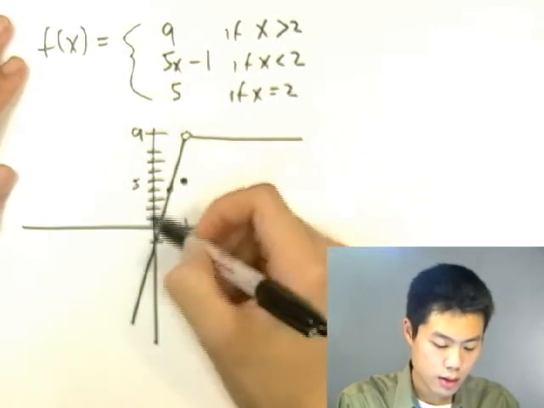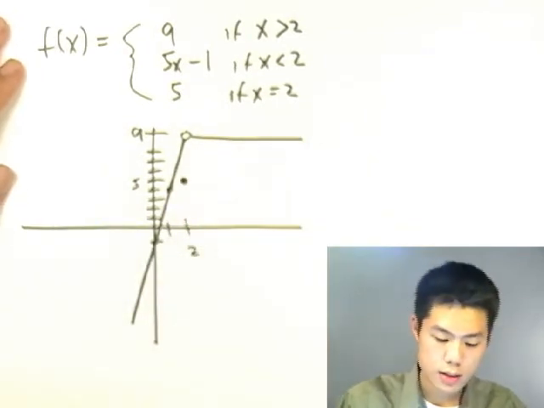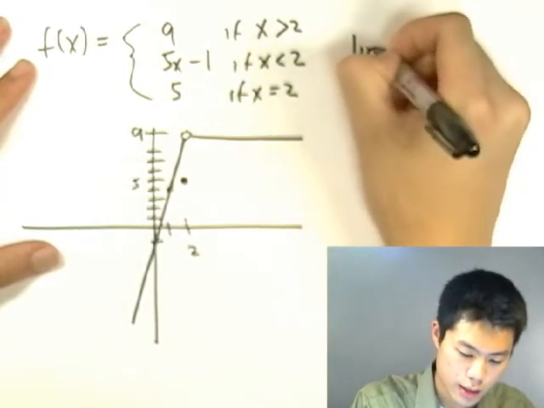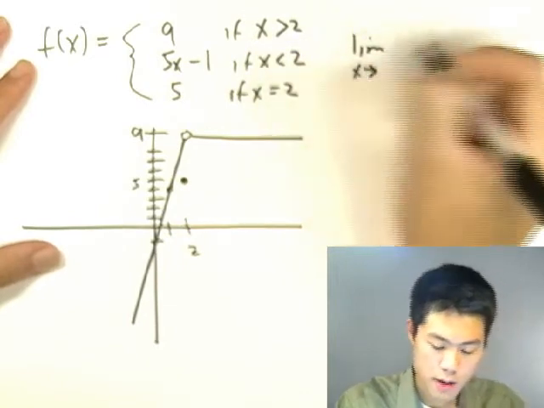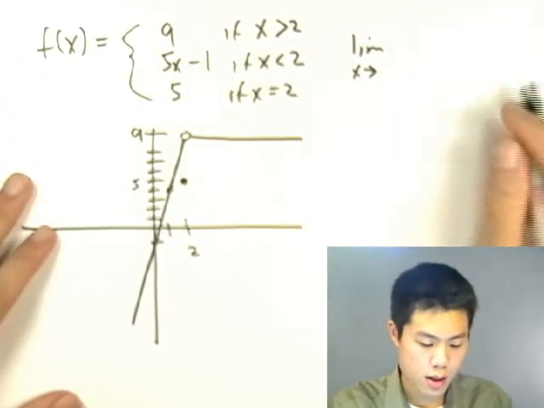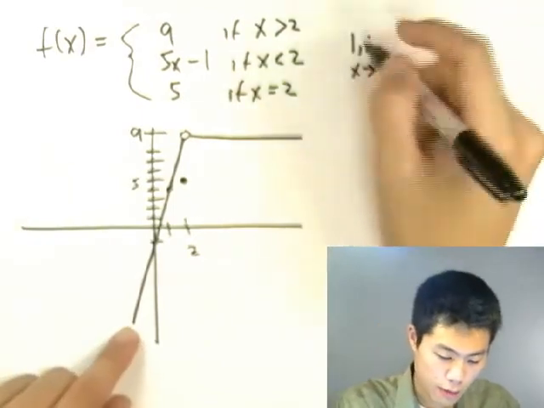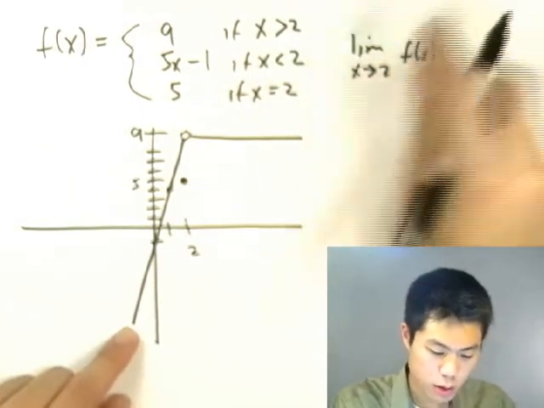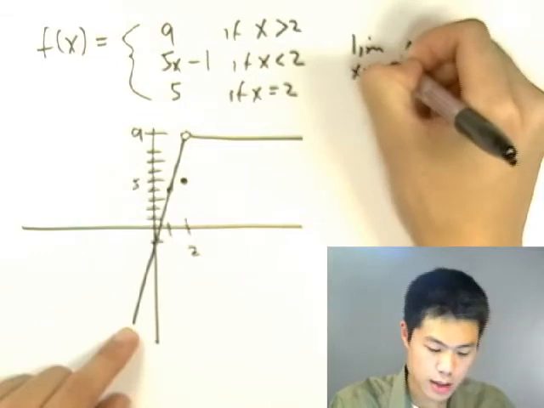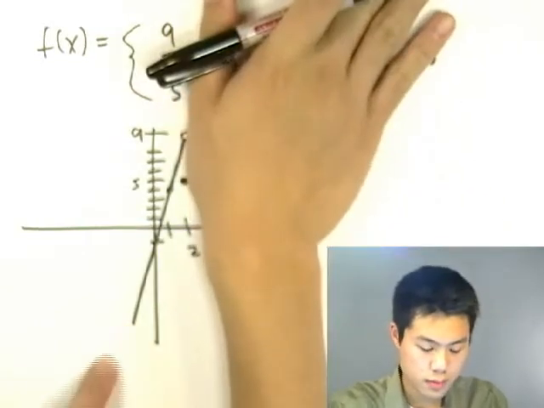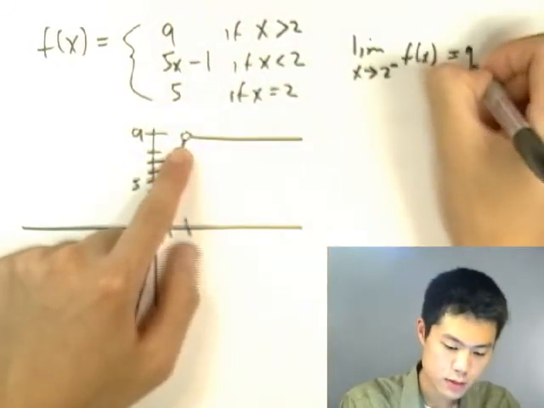Okay, so let's take a look at this. Here again, let's play around with left-hand limits and right-hand limits. So the left-hand limit of f of x as x approaches 2 from the left is equal to what? 9. Right?